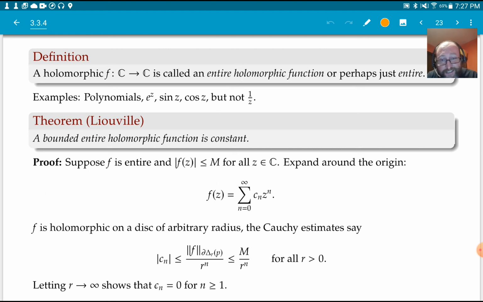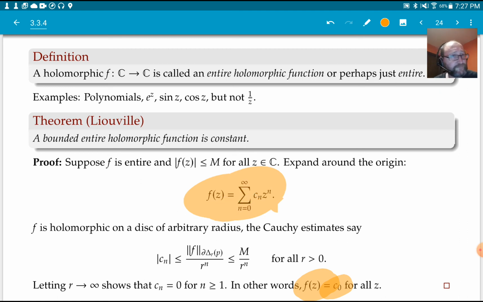So that means that Cn has to be 0 for all n greater than or equal to 1. That means that there's only one coefficient left. It's the C0. We can't say anything about that. But that means that f is just C0, I mean, it is this series everywhere, and therefore it's equal to just the first coefficient. So it's constant.